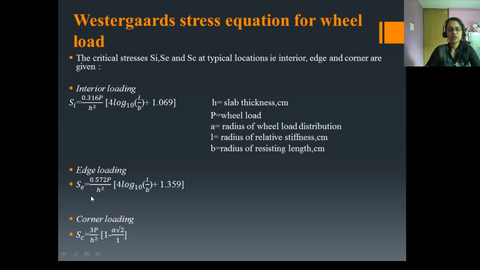For edge loading, SE is 0.572 P upon H square into 4 log 10 L upon B plus 1.359, and for corner loading, SC is 3P upon H square into 1 minus A root 2 upon L. So these are the formulas to calculate the interior loading, edge loading and corner loading.